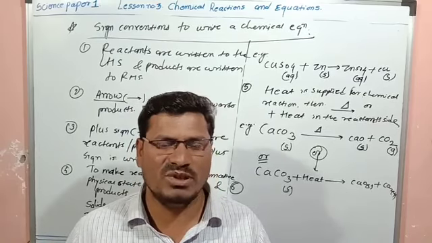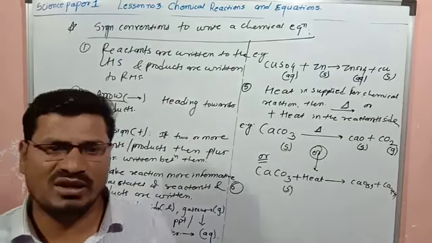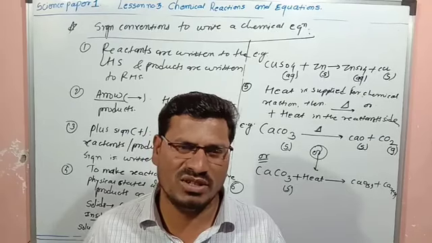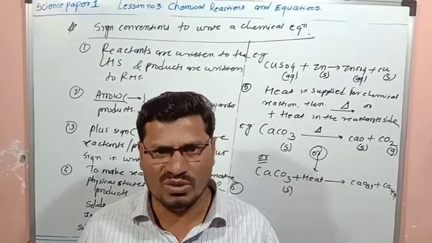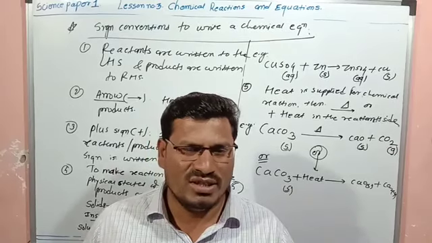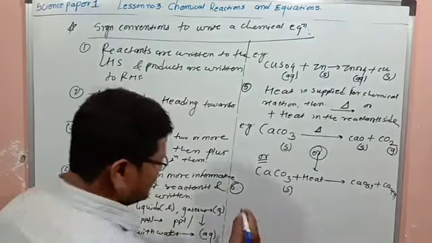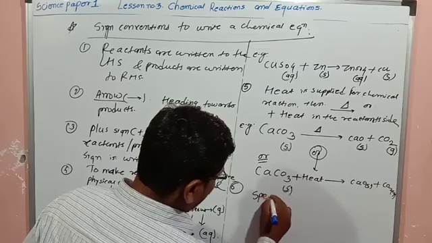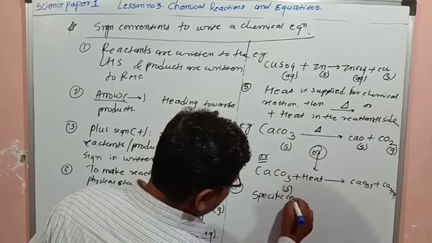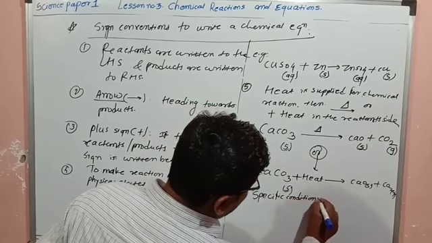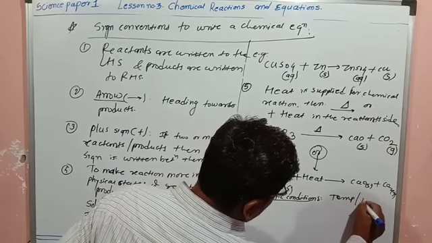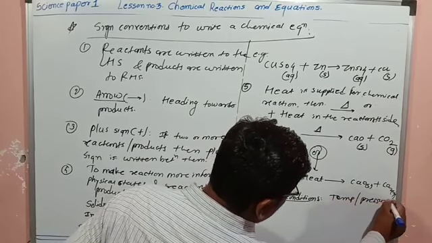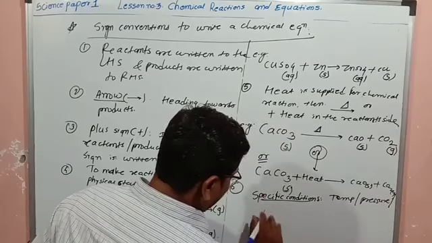Whatever specific conditions are necessary for the reaction are written above or below the arrow. These specific conditions may be temperature, pressure, or catalyst.